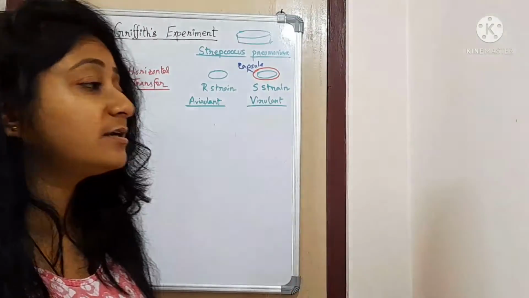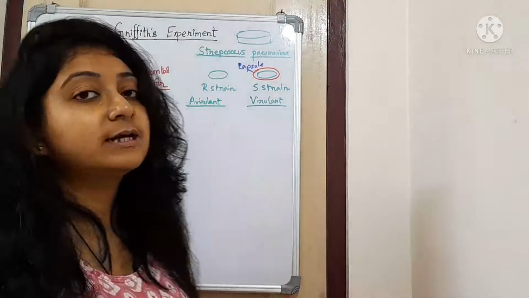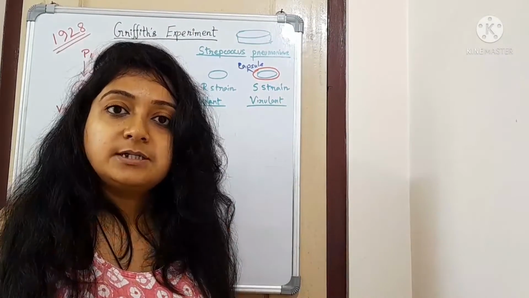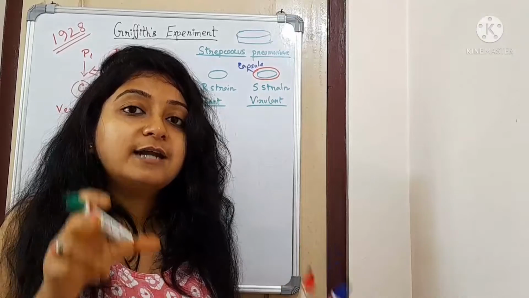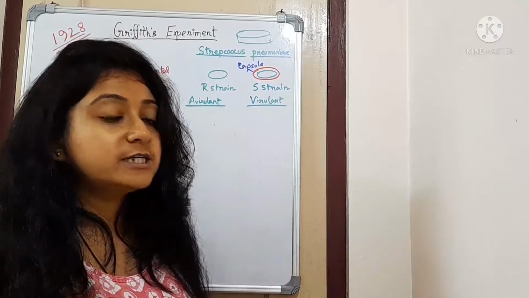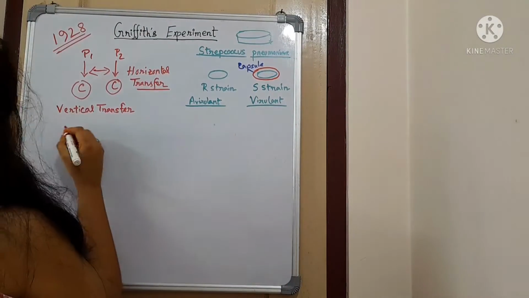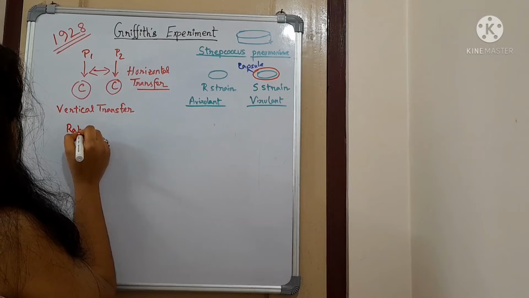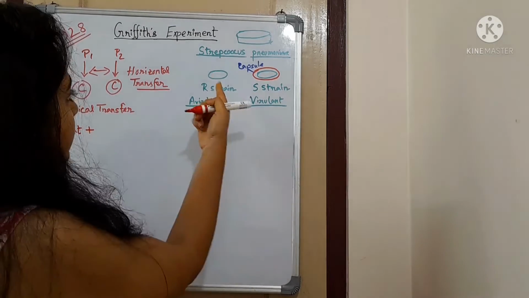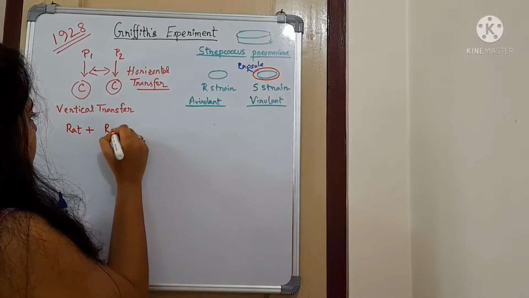Now what Frederick Griffith did with these two strains: he grew these two strains on the culture plate. He separated them out and he took rat as the medium for doing this experiment. So in the first case, just see that with the rat, he injected the R strain of Streptococcus pneumoniae.